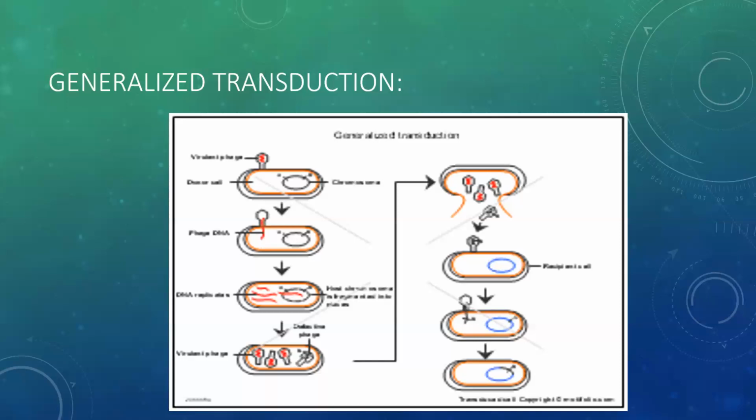This transduction demonstrates a close evolutionary relationship. This is the mechanism where we are relating the evolutionary relationship between the prophage and the bacterial host.